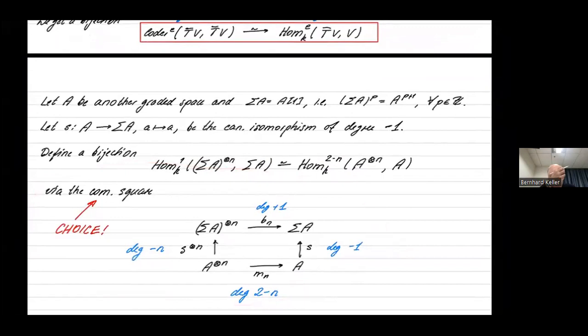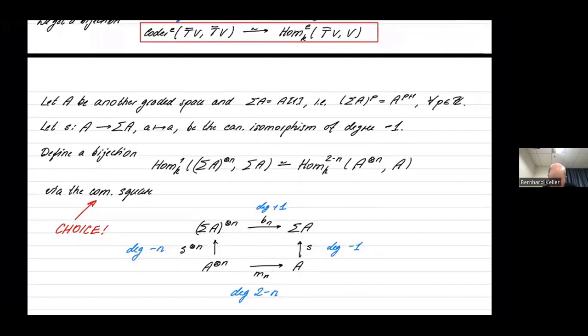On the one hand, we have a map Bn of degree +1 from the nth tensor power of sigma A to sigma A. Then we can compose it with the nth tensor power of this canonical map. So this s is of degree -1, so its nth tensor power is of degree -n. The composition will be of degree 1 minus n.